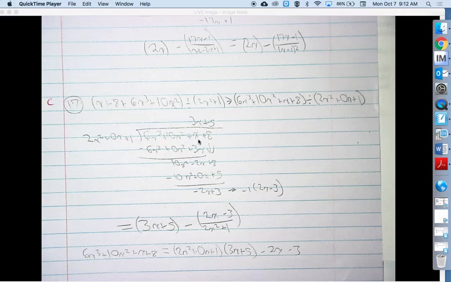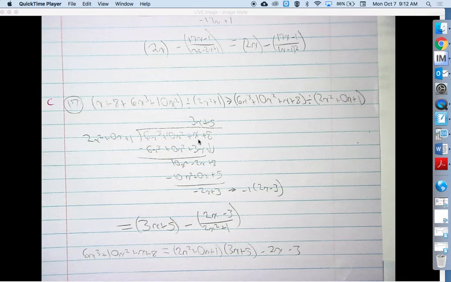So the problem is 8x plus 8 plus 6x cubed plus 10x squared divided by 2x plus 1. I just rewrote that so that it would go down exponentially to 6x cubed plus 10x squared plus 0x plus 8. I added a 0x as a placeholder. So when you start this, to get 6x cubed, you have to multiply 2x plus 1 by 3x squared. You get 10x squared minus 2x, bring down the 8.